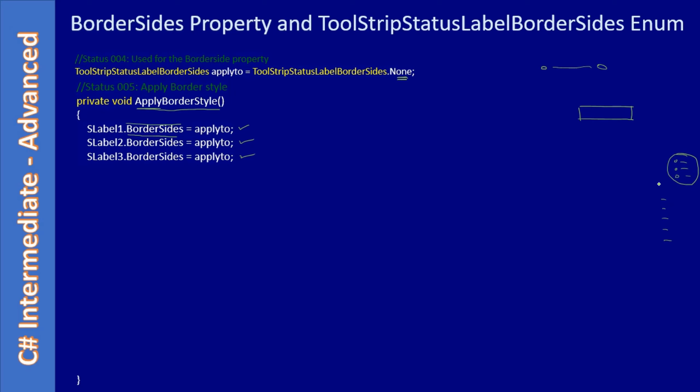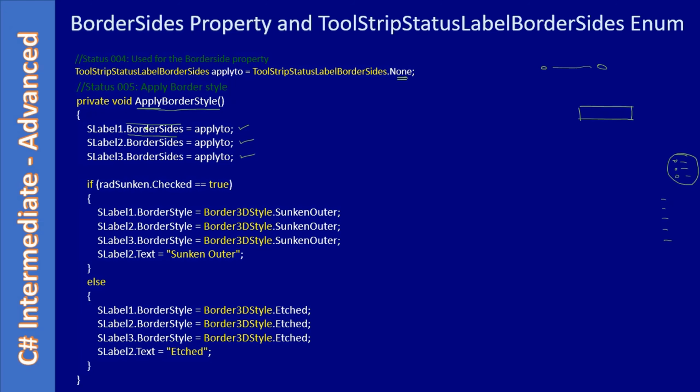So that's how we designed our form. These are all the check boxes actually. Alright, now we will go to the apply border style. Here we just assign this constant to the border sides property, and we do that for all three status labels, or status slats, we can say.